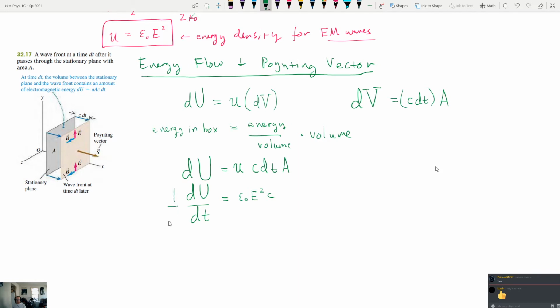So 1 over A. And then we're going to manipulate this equation on the right-hand side. So epsilon naught E squared c. What's that equal to? Well, we know that c is equal to 1 over the square root of mu naught times epsilon naught.